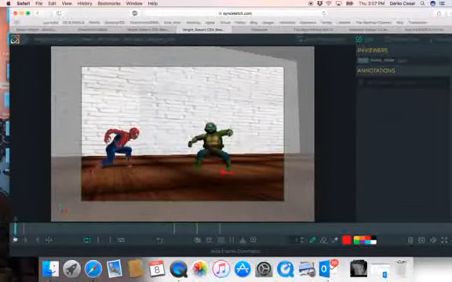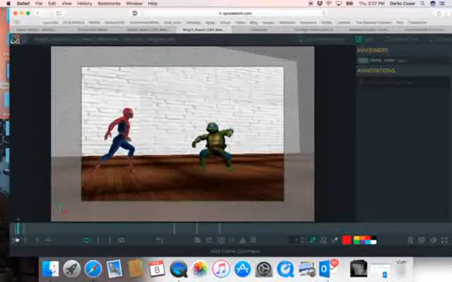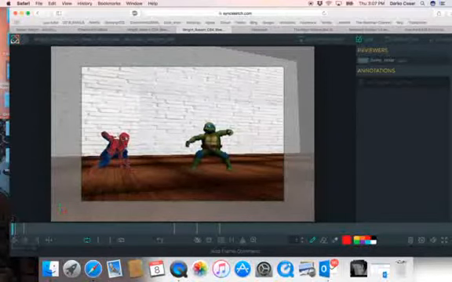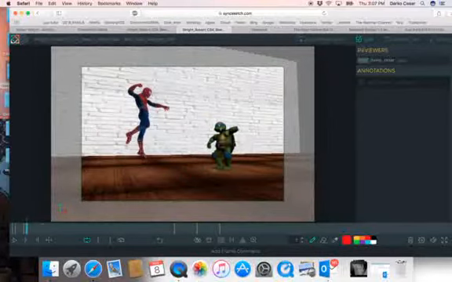So that's a problem. Another problem is that because you didn't really do anything with the foot on the ground, it looks like he is really sliding his foot all the way back, from front to back. In order for this to look better, he has to have some passing pose.